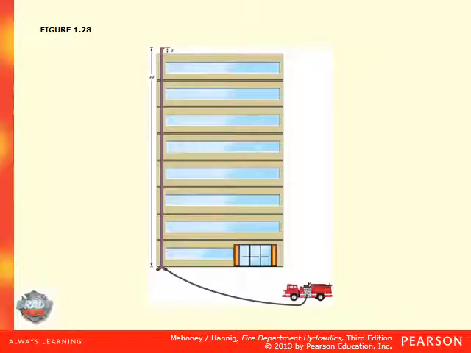Okay, so here's your problem. How much back pressure are you going to have to overcome to get water to flow out of that pipe at the top? We know that is 99 feet high.